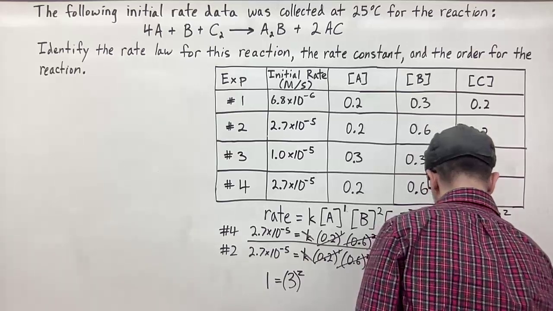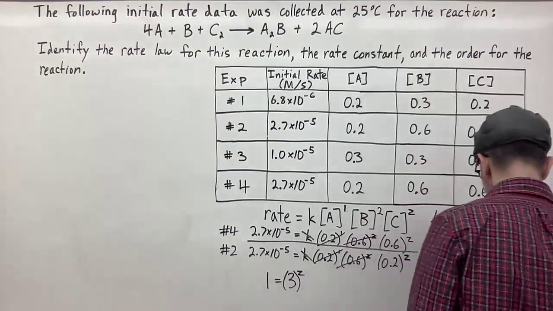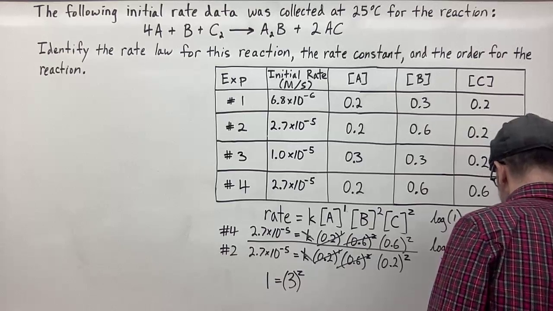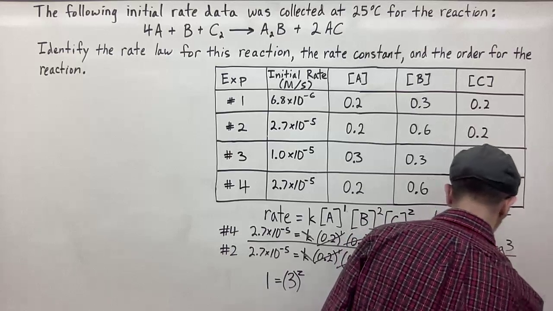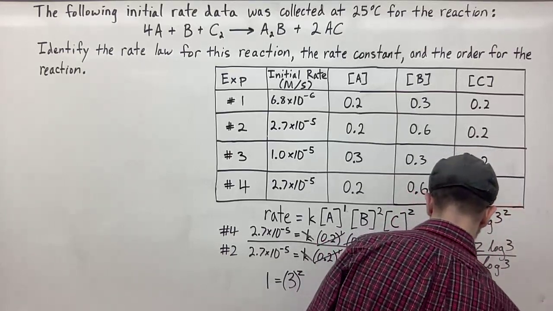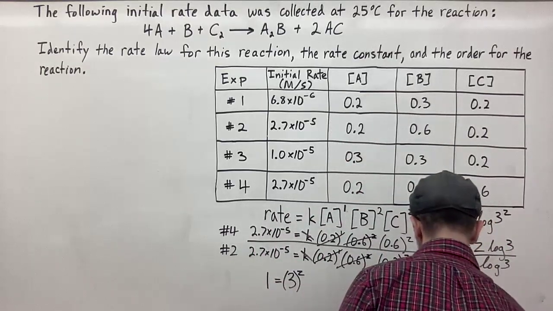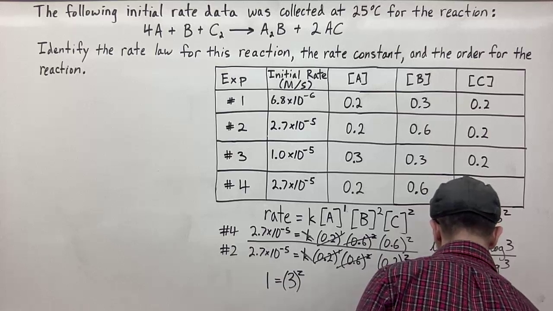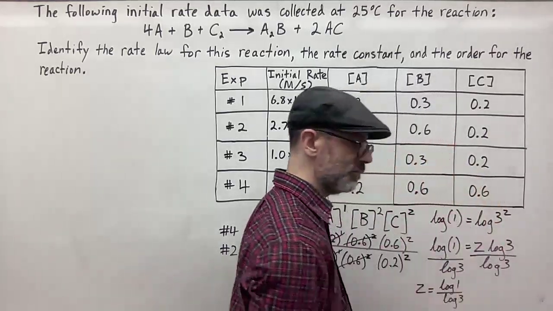So the log of 1 is equal to Z times the log of 3. Divide both sides by the log of 3, and I get Z is equal to the log of 1 over the log of 3.